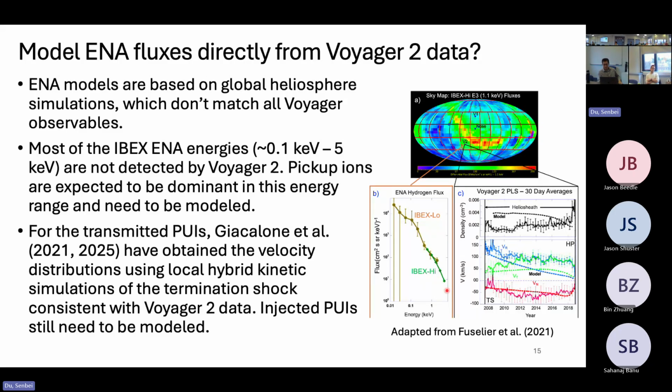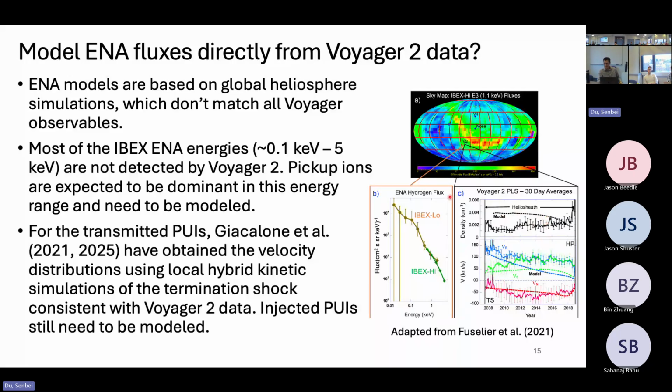For example, in this figure, we can see there are some big differences between the modeled quantities and the observational data. So we want to see if we can model the ENAs from the Voyager data and see if there's any difference.